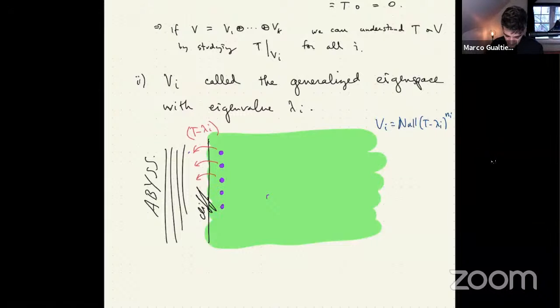These are the eigenvectors. So here I'm going to use this diagram to indicate that it's a 1, 2, 3, 4, 5-dimensional eigenspace.